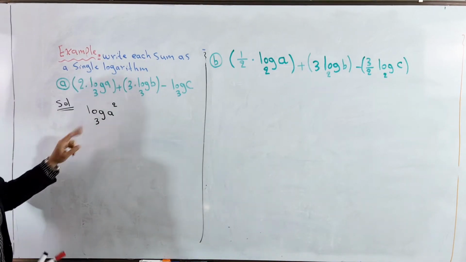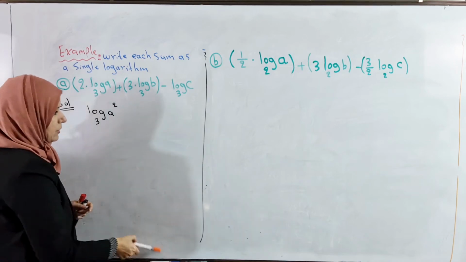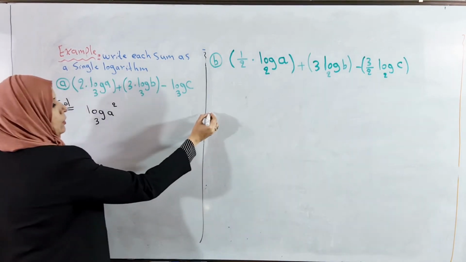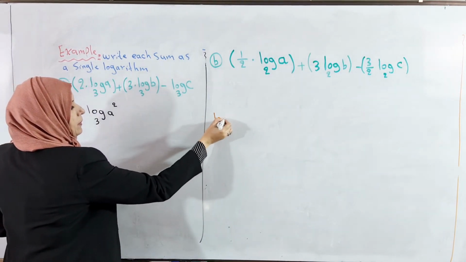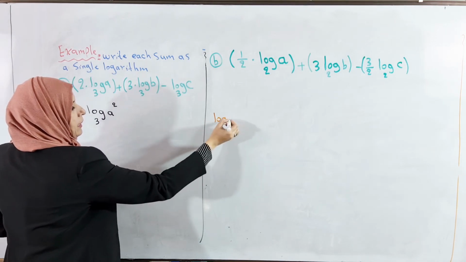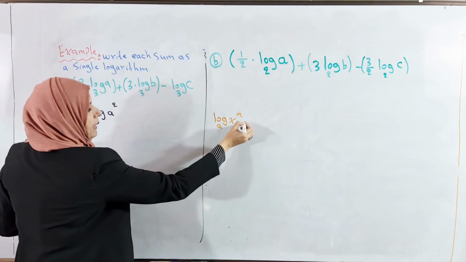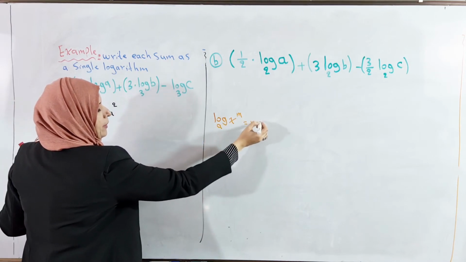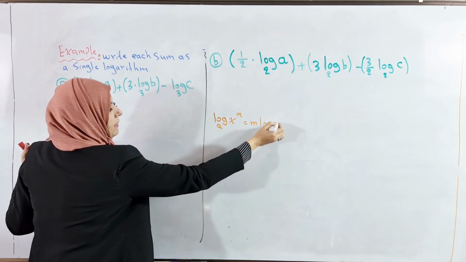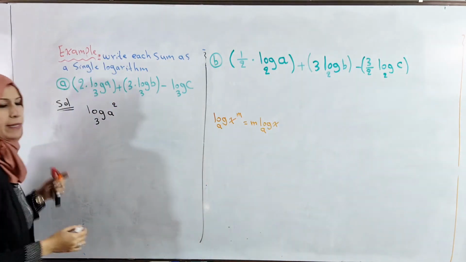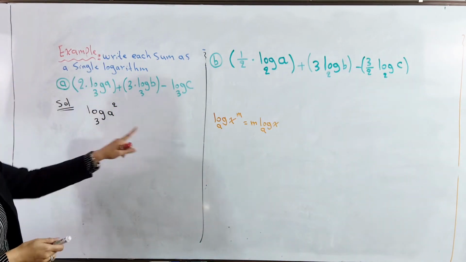We depended on the property that says logarithm x power m for base a will equal m logarithm x for base a. We depended on this property.